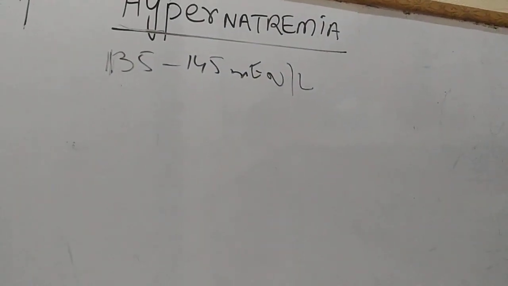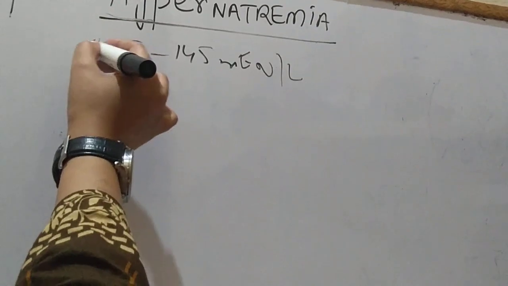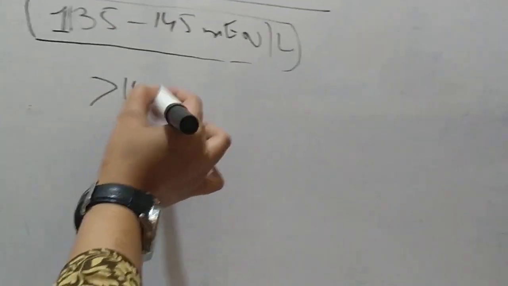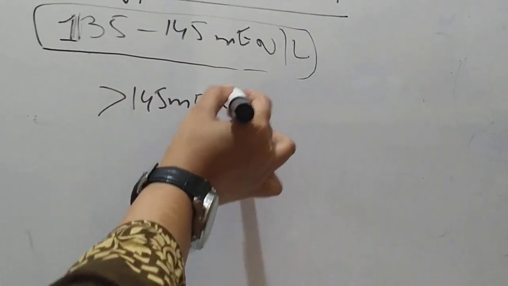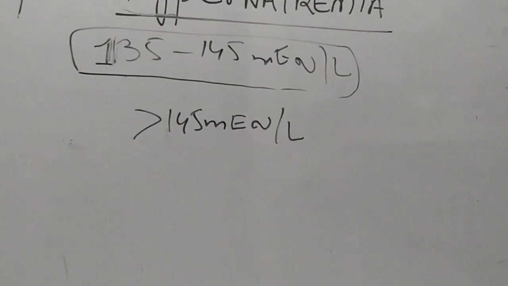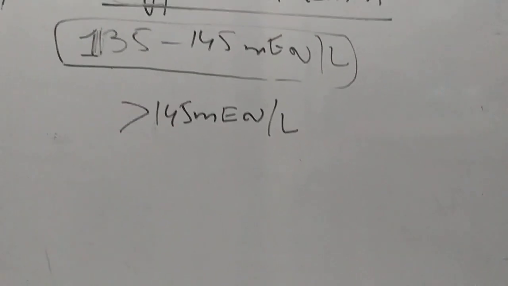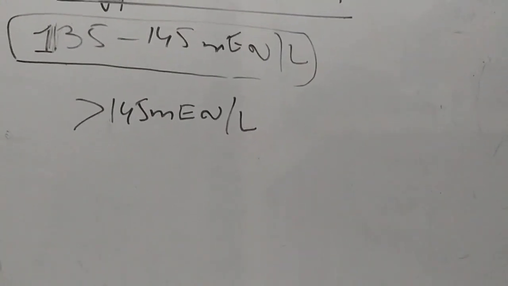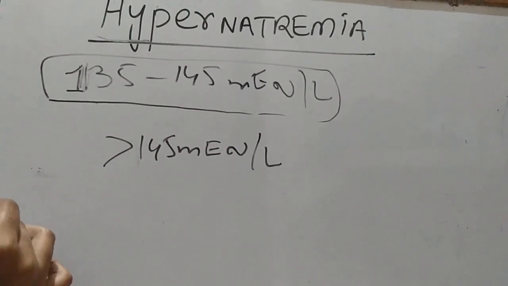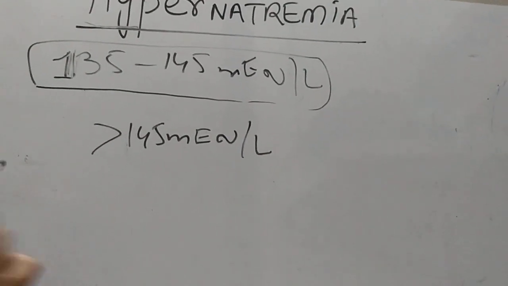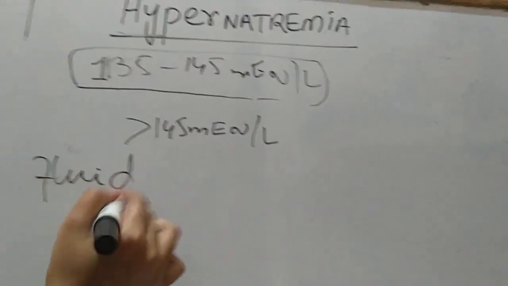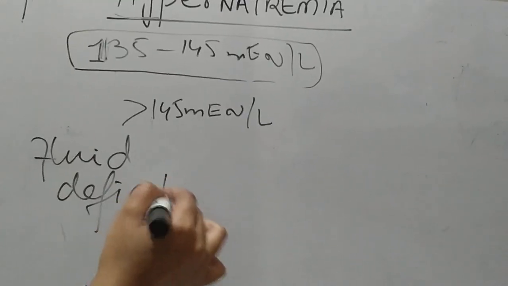And we use the term hypernatremia when the serum sodium value gets above 145 milliequivalents per liter. And then you will calculate the volume deficit, meaning water deficit or fluid deficit of your patient.